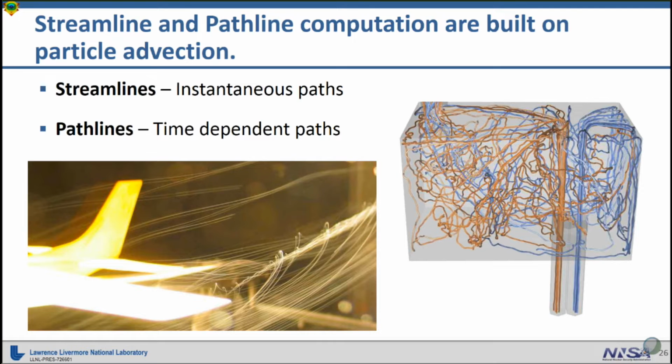So you start off with your point, you move it a little bit based on the existing vector field, and then it moves to a new location, and then you bring in the new vector field and then move it from there using that new vector field. In terms of computation, they're the same, but the I/O requirements are drastically increased for doing the pathlines, because now you have to read in all your velocity information to trace those paths.